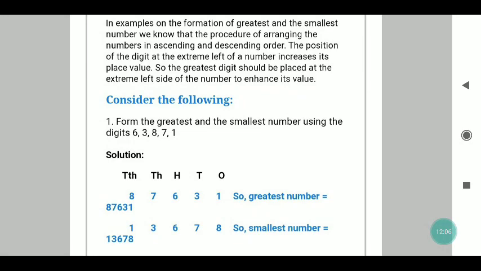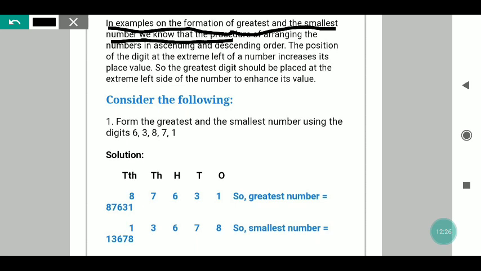In the example, what is written? On the formation of the greatest number and the smallest number, we know the process of arranging numbers in ascending and descending order.